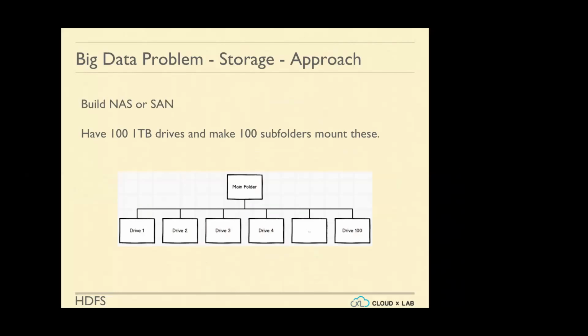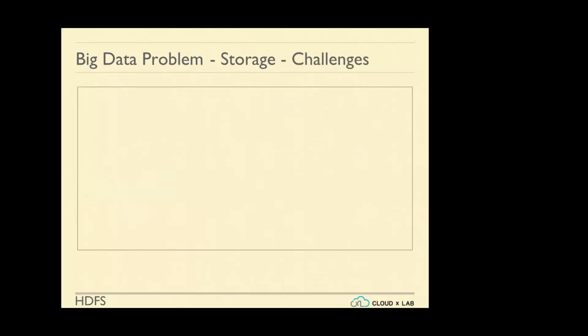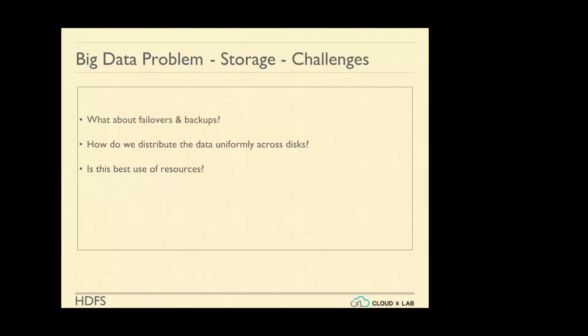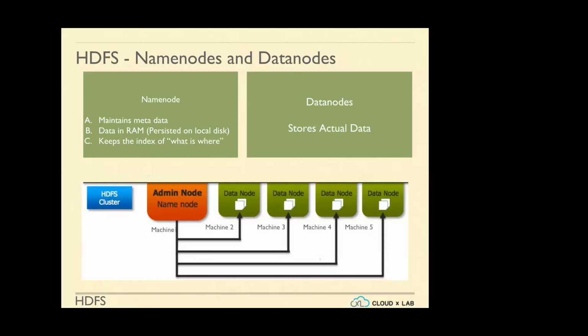We realized that we could use the standard NAS or SAN, but it has issues. The issues of failover, backups, and handling the distribution of data, which was really uneven. Then we learned that HDFS already does it pretty well. And how does it do it?